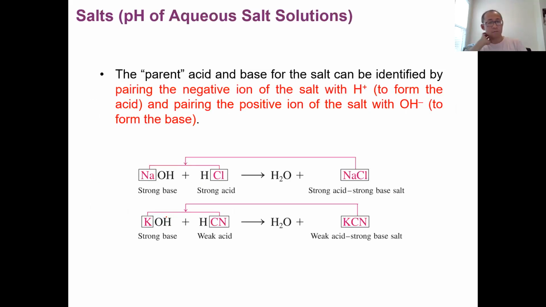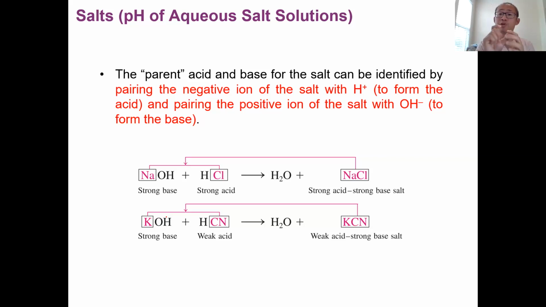Now, after we talk about the acidity or basicity of a solution, our final task for this chapter is to discuss more properties of salts, this unique type of compound. Salt is an ionic compound, and it comes from the reaction between an acid and a base.